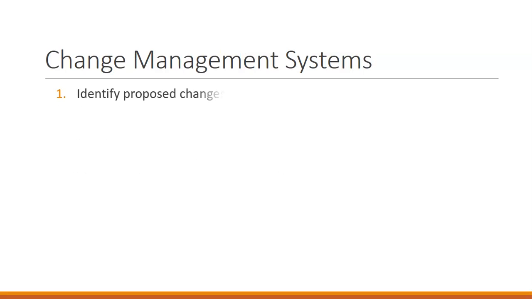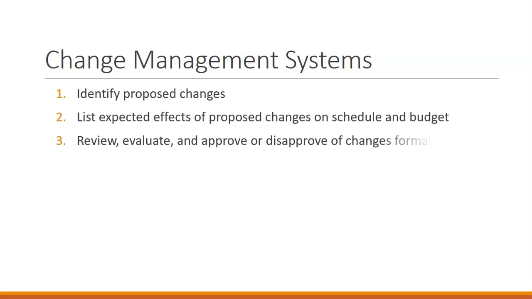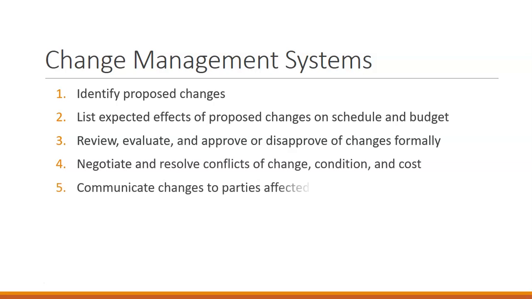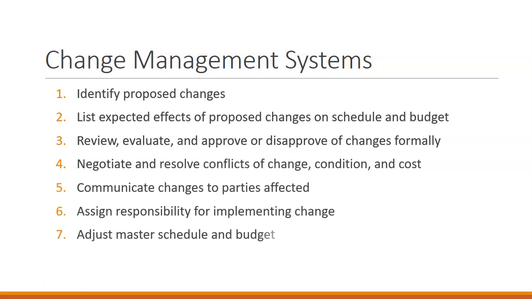Okay. When we're looking at change management, the steps of managing these changes are to identify what the proposed changes are. We can have change to scope, change to budget, changes to schedule, making a list of any expected effects of proposed changes on schedule and budget. Usually if we go over schedule, we're going to go over budget, so they go hand in hand with each other.